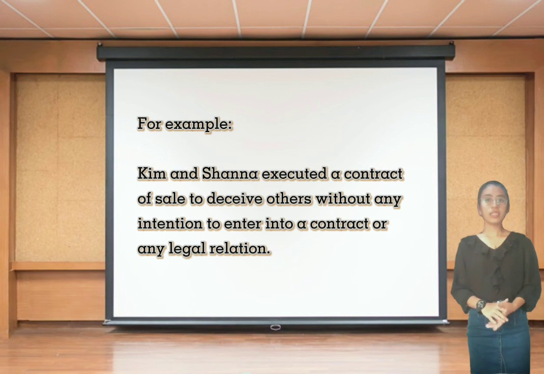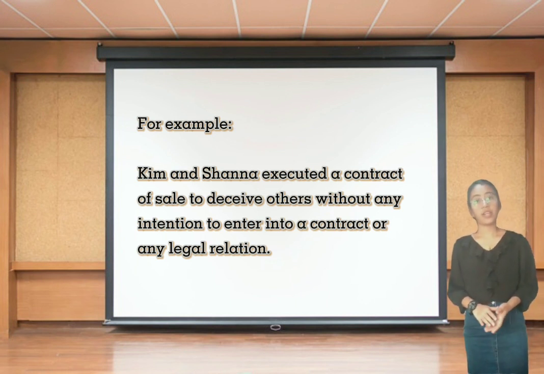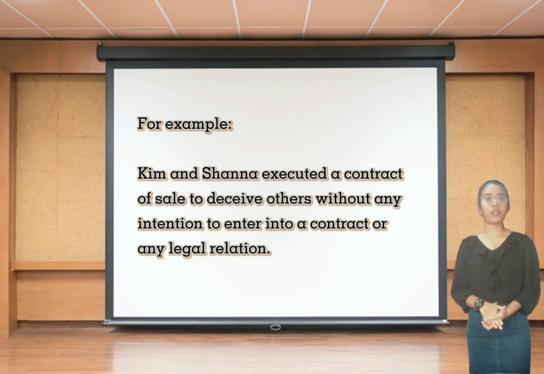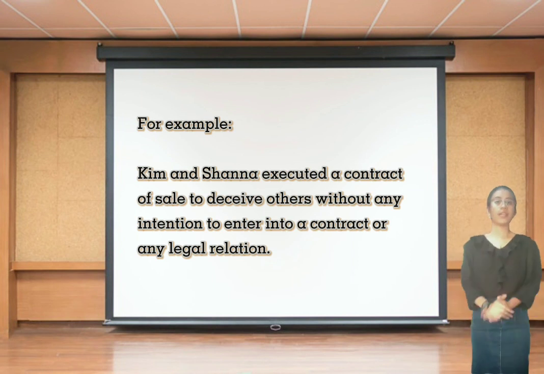But the deed of sale is just a paper to deceive other people and without any intention to enter into the contract. So the explanation to this is the contract will be void because Kim did not actually sell the property to Shanna.